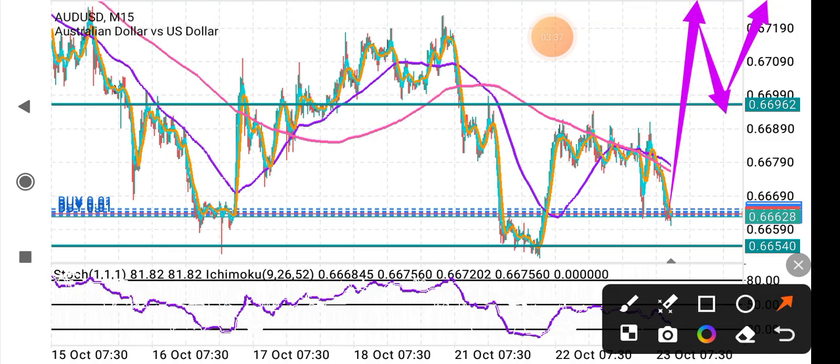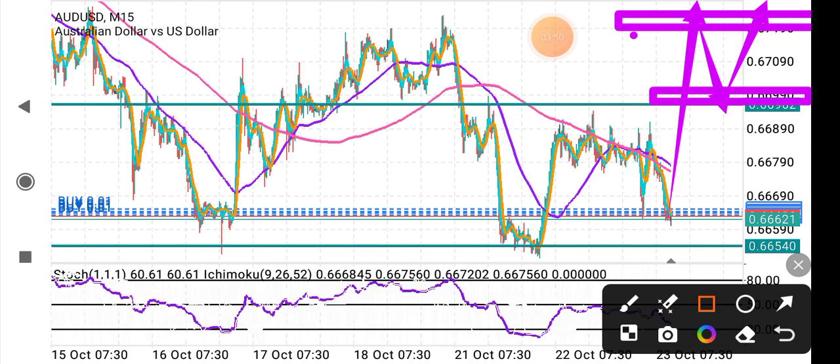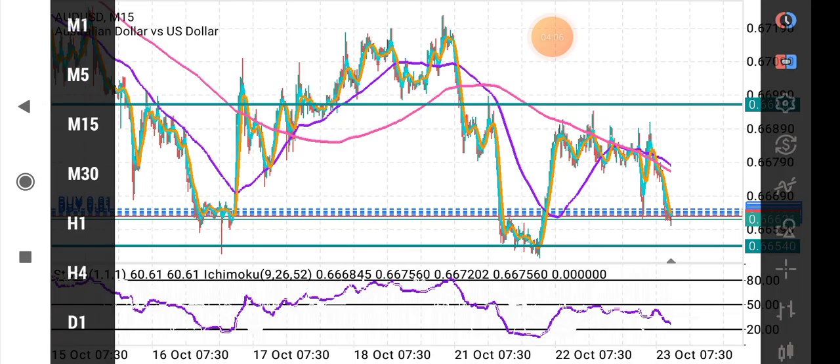Then when it turns, you will enter somewhere here, which will be very, very safe. Or you can make your entry here, then your stop loss should be somewhere here. That is what we expect for you to be on a safe side.